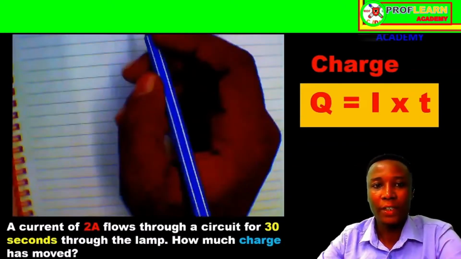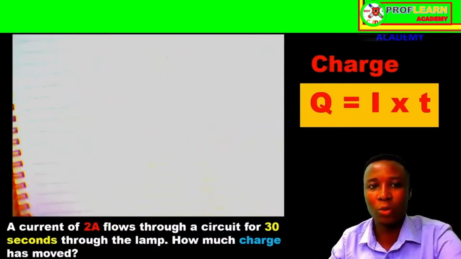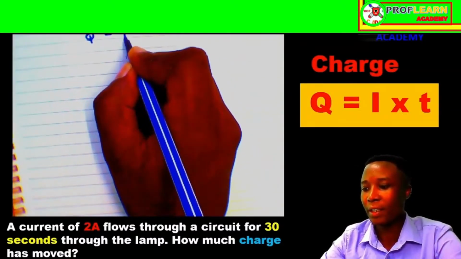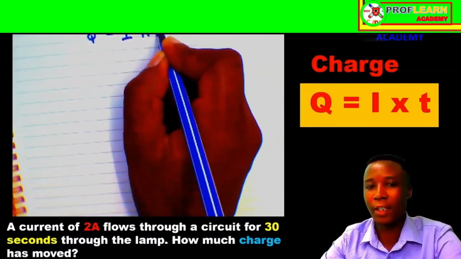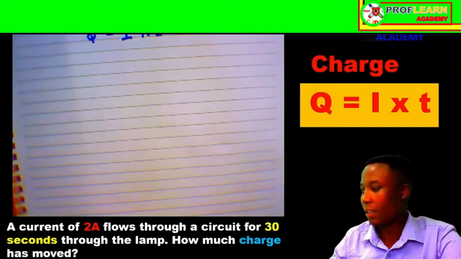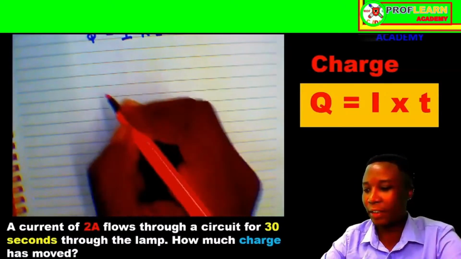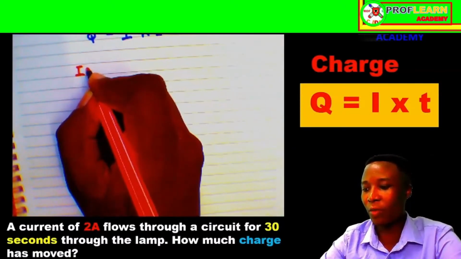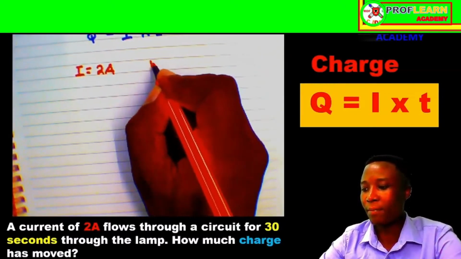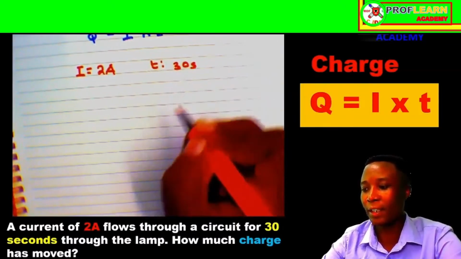The first thing you are supposed to do when you are given these kinds of questions is to write the formula. Our formula is charge equals current times time, with time in seconds. You identify what you are given: our current is 2 amperes, and our time is given as 30 seconds.